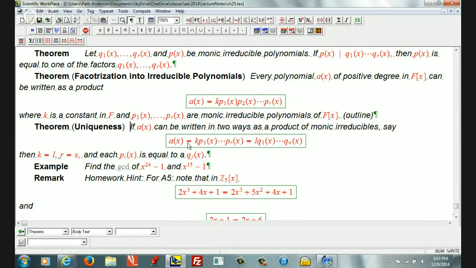You can divide those, because we know those inverses exist. Then you know p1 has to divide q1 to qs, so it has to be equal to one of those. Then p2 has to divide what's left, and p3 has to divide what's left, and so on. It's kind of an inductive argument with a finite number of steps. It's a very cute, very short little proof, actually.